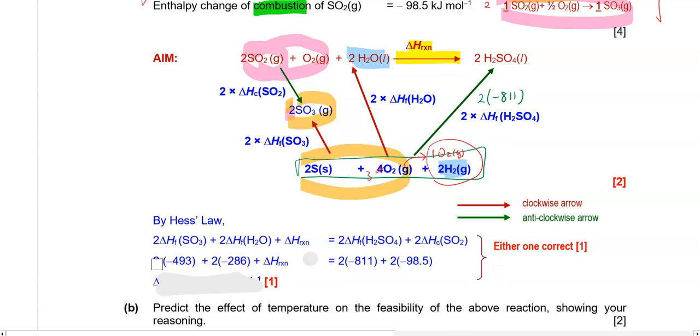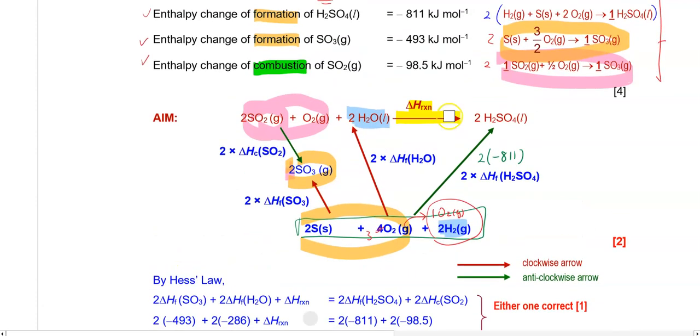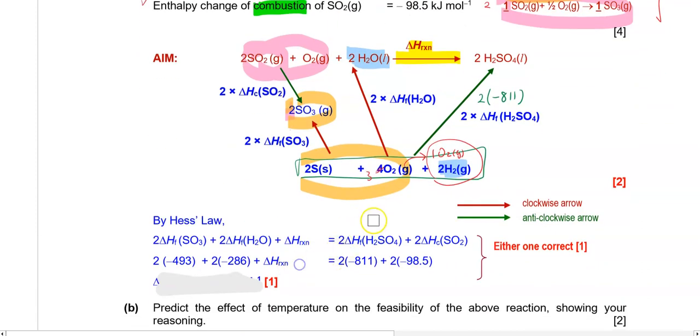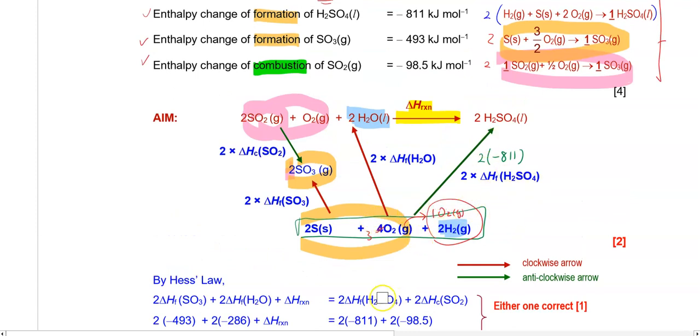Sub in your values. So you have formation of sulfur trioxide, 2 times negative 493, 2 times delta HF of water, 2 times negative 286, delta H reaction, delta HF of H2SO4, 2 times negative 811, and then combustion of SO2, which is 2 times negative 98.5.